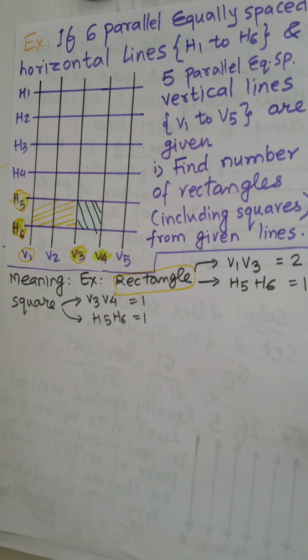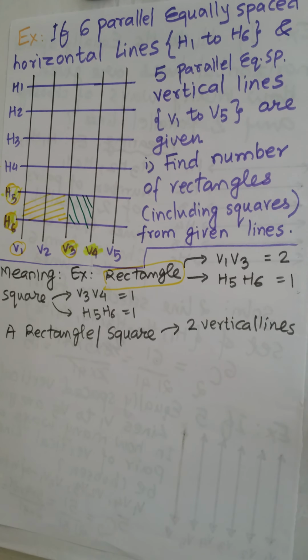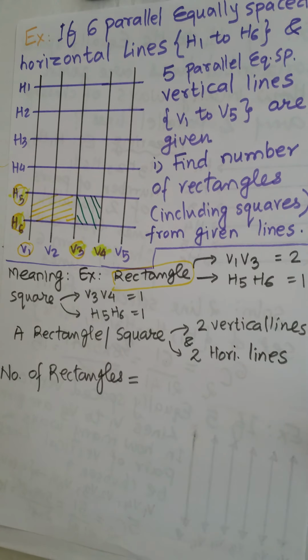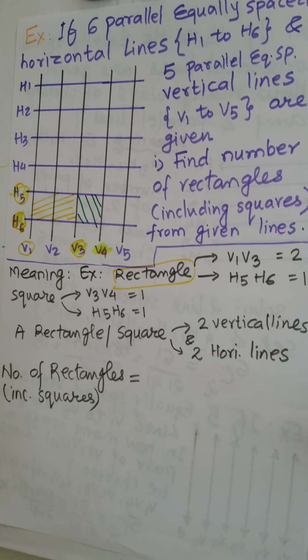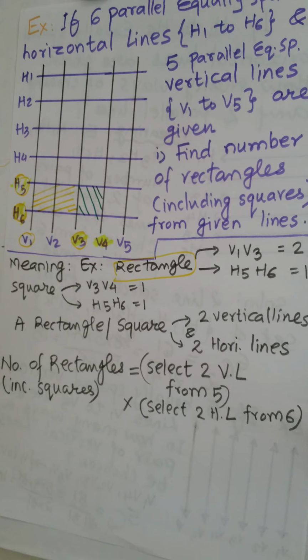So from the examples we can say that a rectangle or a square is formed by two vertical lines and two horizontal lines. To find the number of rectangles including squares, we must select two vertical lines from the given 5 lines v1 to v5 and two horizontal lines from the given 6 lines h1 to h6.